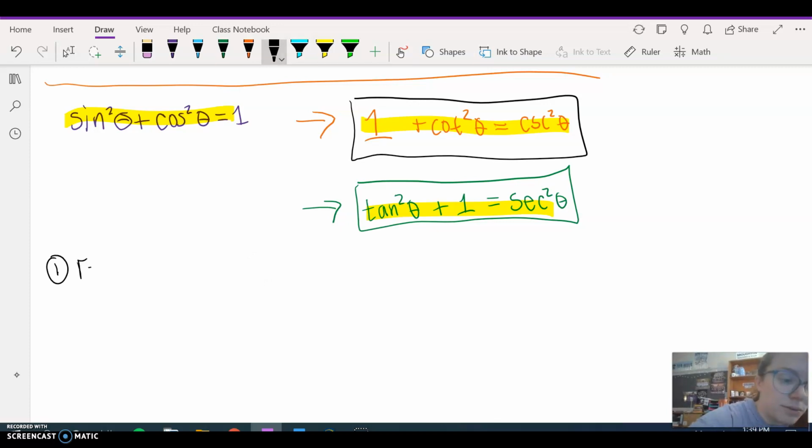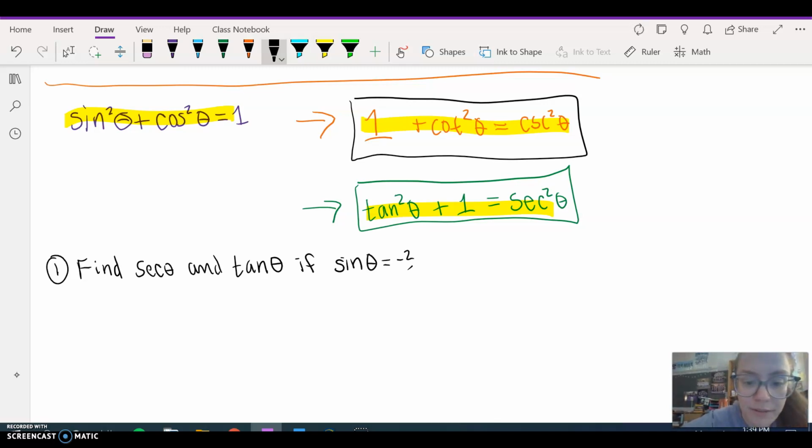It wants me to find secant theta and tangent theta if sine theta equals -2 over 3 and tangent theta is greater than 0.